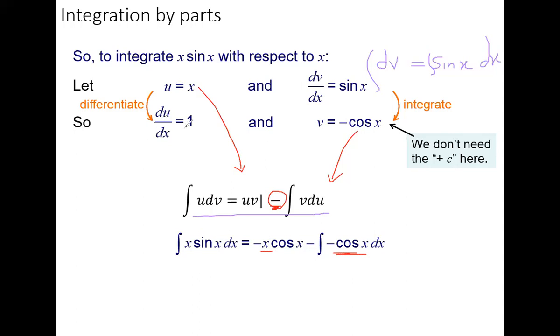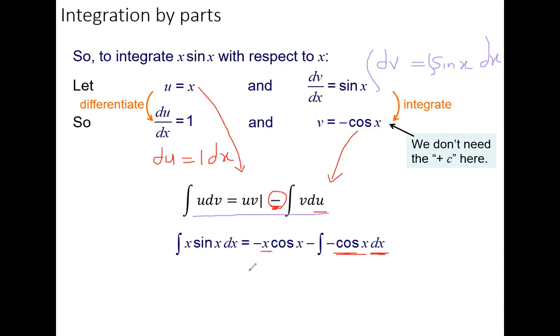The du/dx is 1. So it means that we can write du is equal to 1 dx, okay? Meaning we multiply both sides by the denominator. So du is what? dx. So study it carefully and let's continue.